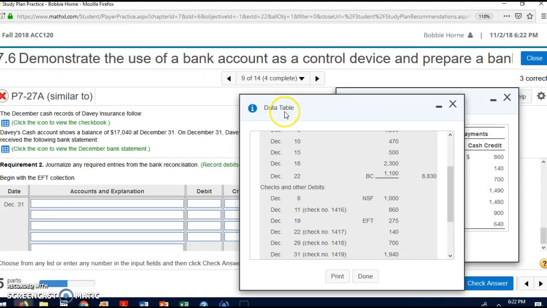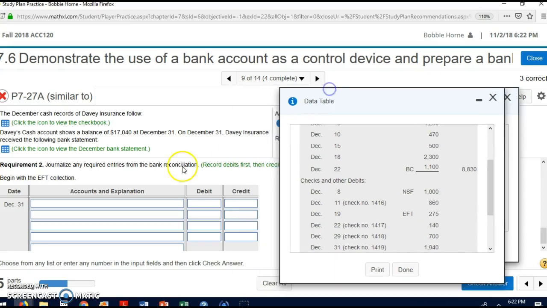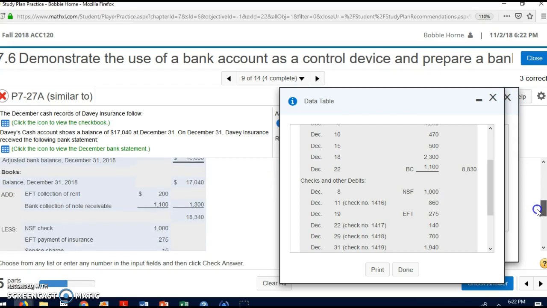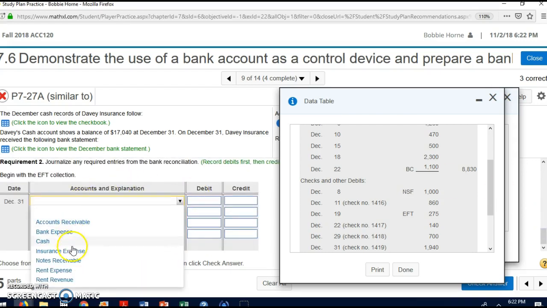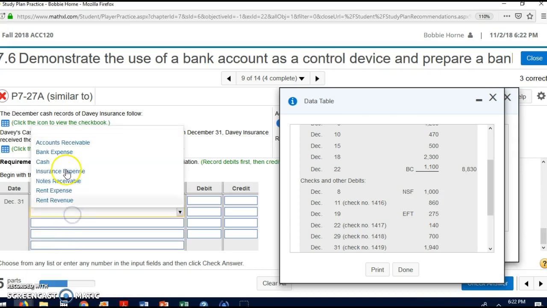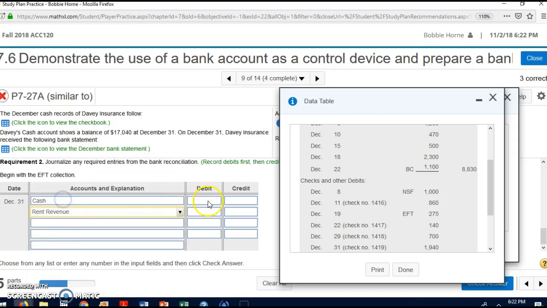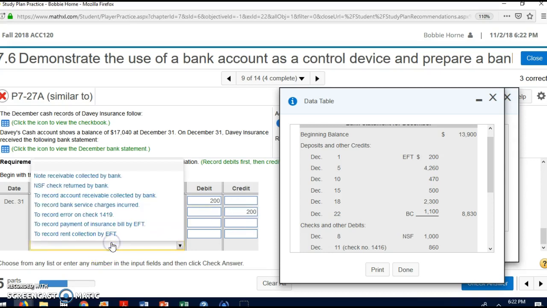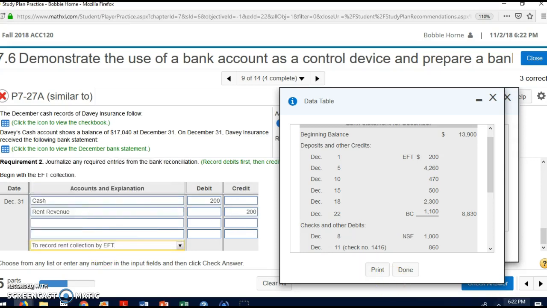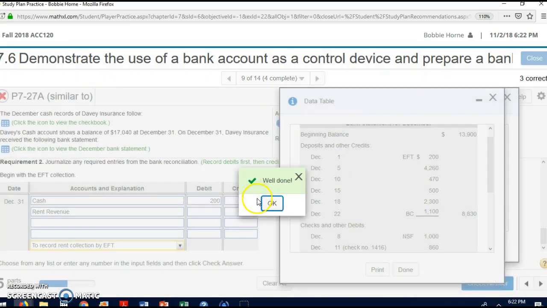Then we need to journalize everything that we just did as far as what the bank did for us. The EFT collection: we received cash and we recorded rent revenue, and it was for $200, to record rent collected by EFT.